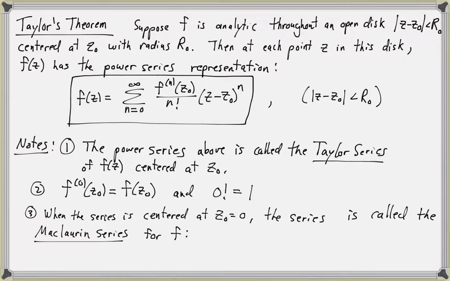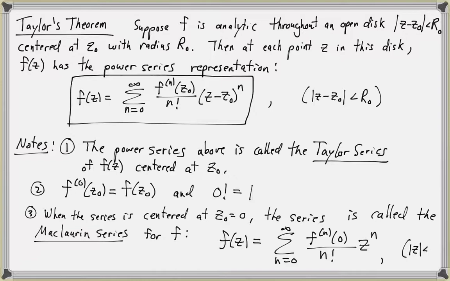If the Taylor series is centered at 0, we call this the Maclaurin series. So this formula is nicer. It simplifies to the sum n equals 0 to infinity, the nth derivative of f evaluated at 0 over n factorial times z to the power n. And this is valid for z in absolute value less than R0.